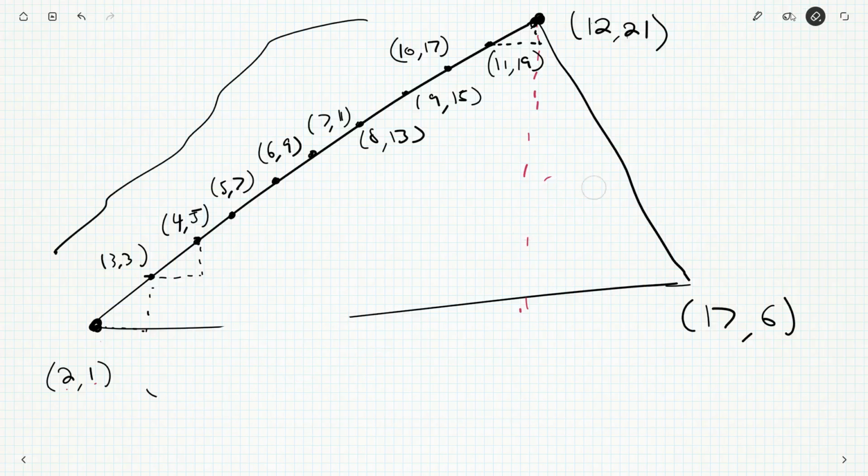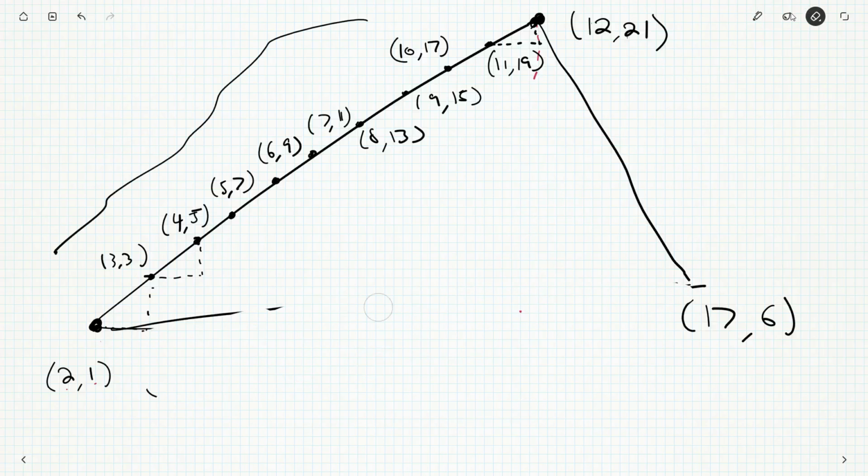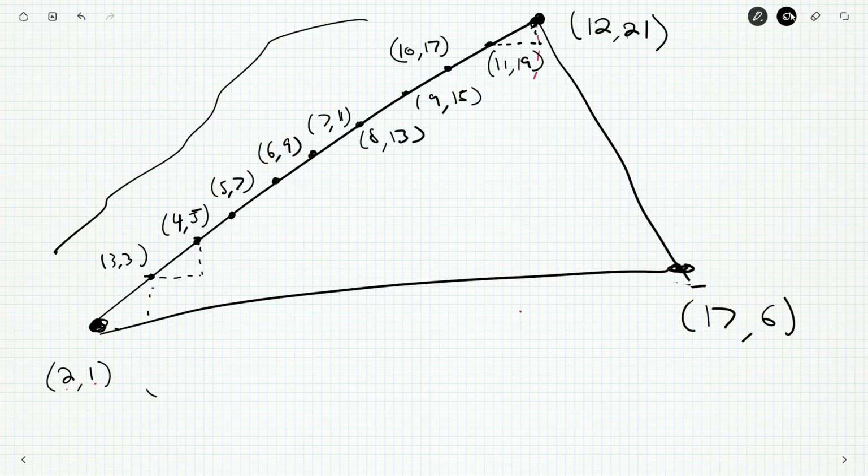So now let's get rid of the 10 and the 20. Now we'll pick another side, and count the lattice points there as well. How about (2, 1) to (17, 6)?